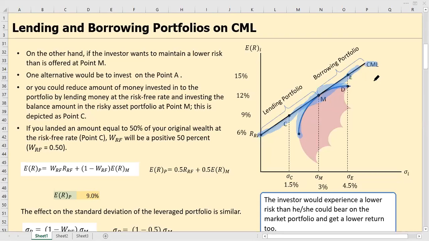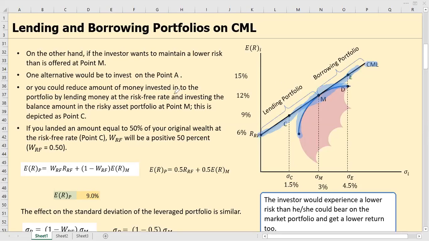When those two slopes become equal to each other, you get this tangency. So at the point M, the slope of the capital market line is equal to the slope of the efficient frontier. That's why there is a tangency point here, right? At this point, we get the maximum value for the slope when it comes to efficient fund creation.